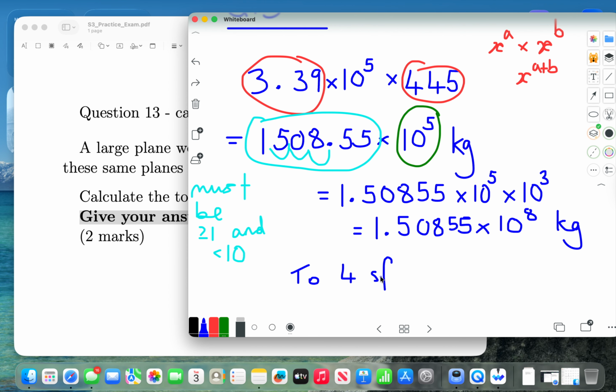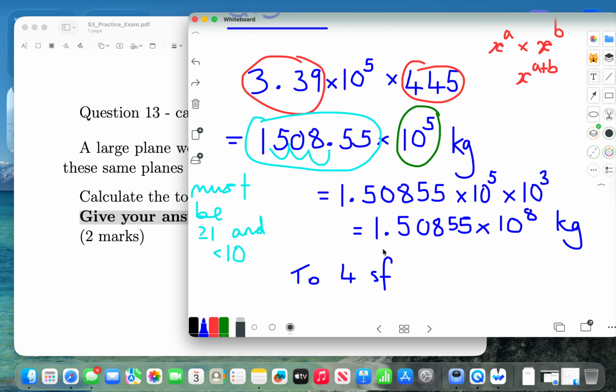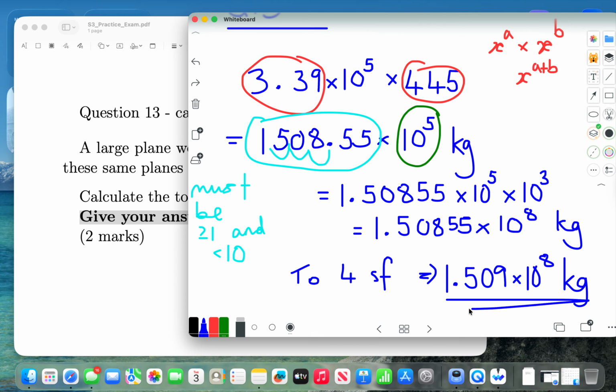There's no direction on rounding in the question, but I would give it one more than the number given in the question. The answer is 1.509 times 10 to the power of 8 kilograms. And that's us finished.